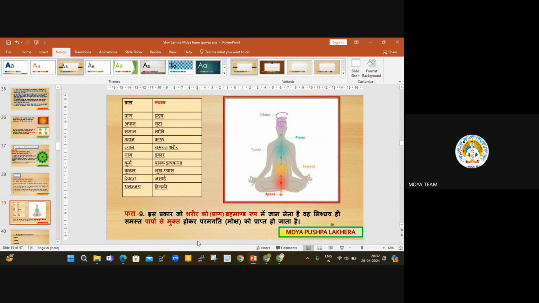Okay. And again here Lord Shiva is telling about one who knows the microcosm of the body in this way. Which way?